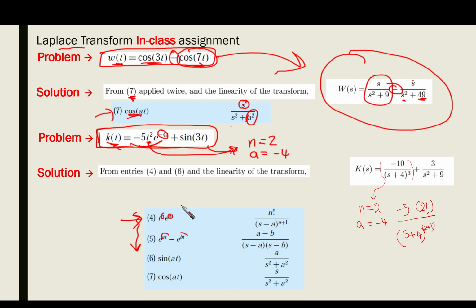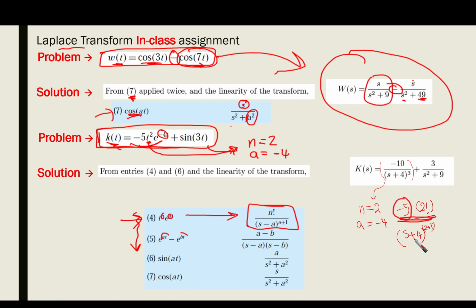So this means that we can put our Laplace transform in the form of entry number 4. This form means n factorial, so we have 2 factorial, times the constant from outside, which is minus 5, over the denominator, which is s plus 4, because s minus a is s minus minus 4.